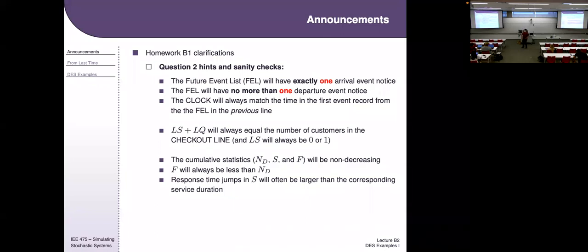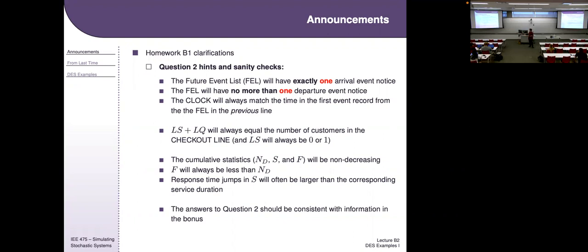So a customer, as they depart, might have only had a 2-minute service time, but if they waited for 3 minutes, then their response time is 5, and you'll add 5 to S. If you notice the jumps are ever smaller than the service times, or are always exactly the service times, then you're probably not calculating S correctly.